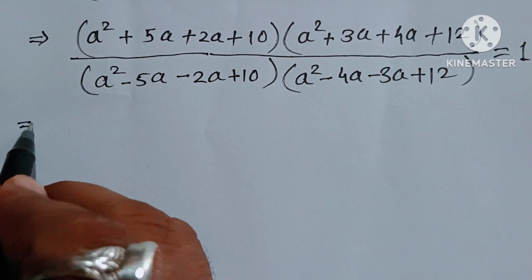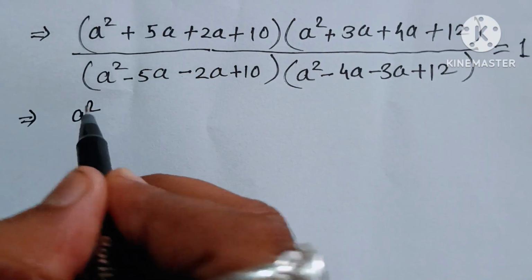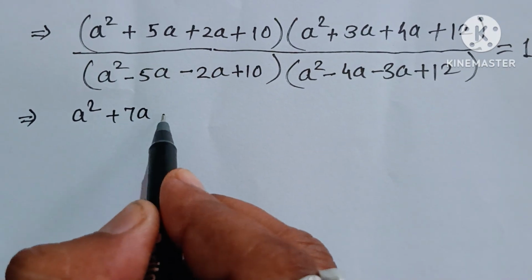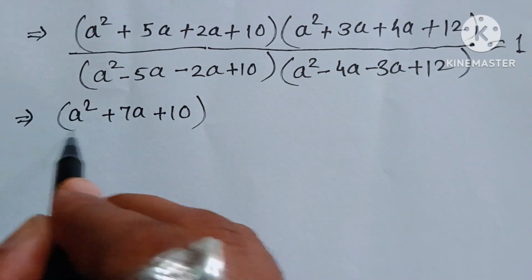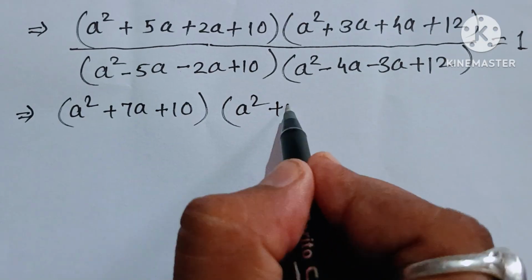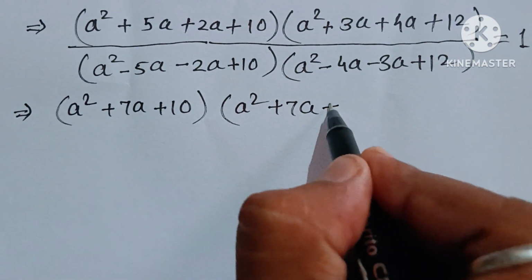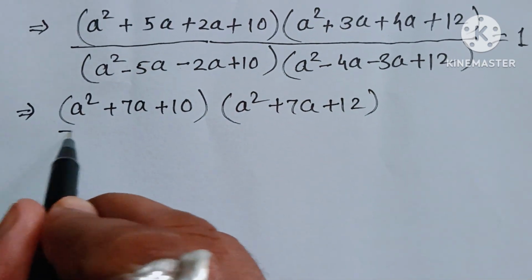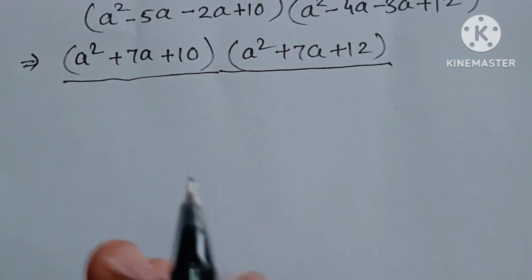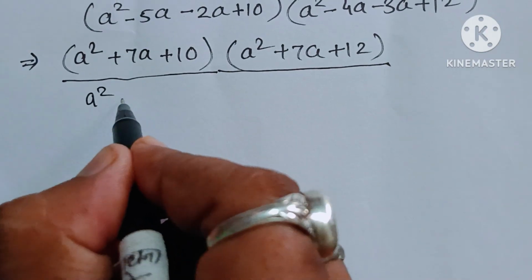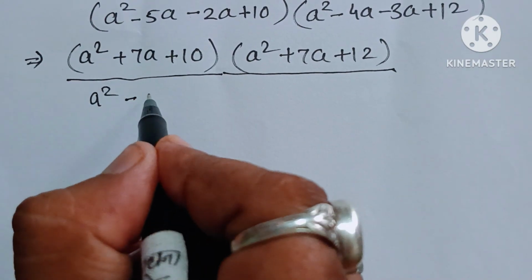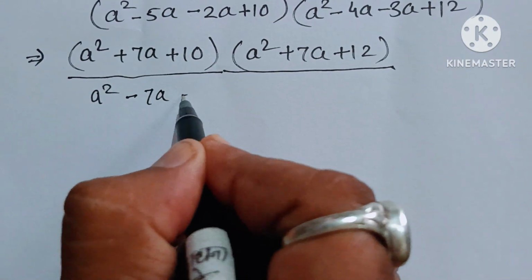Now a square, 5a plus 2a, that is 7a, plus 10, in bracket a square, 3a plus 4a, 7a, plus 12, divided by, here a square, minus 5a minus 2a, that is minus 7a, plus 10.